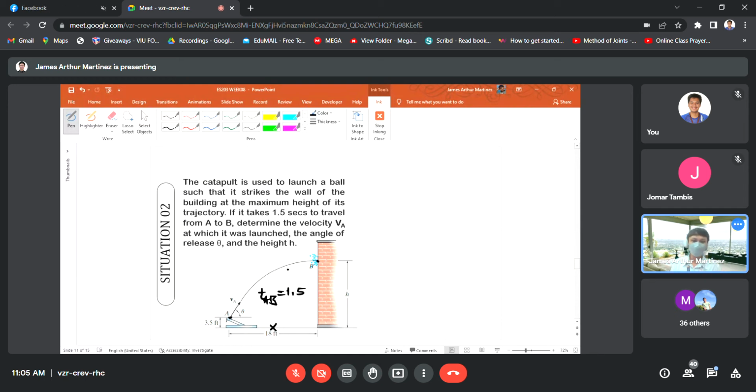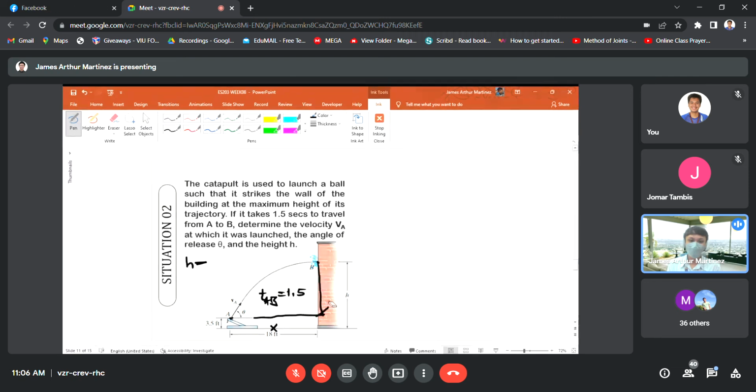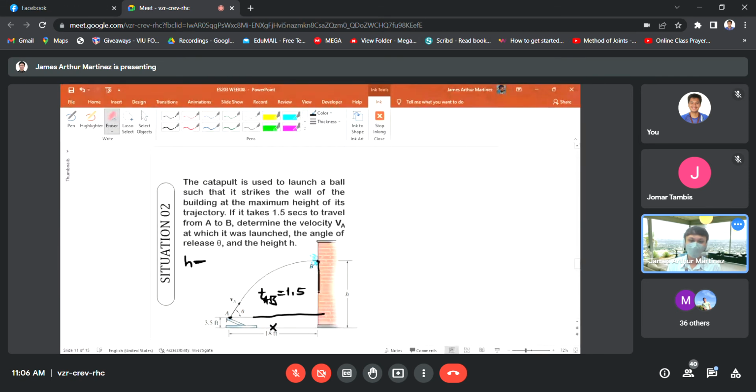Okay, so how do we determine h? From this figure, h in our equation is just y, the vertical distance of your projectile motion, from initial position to final position.